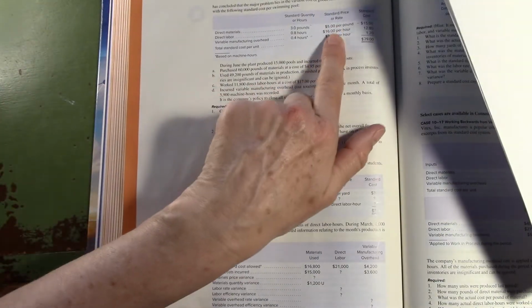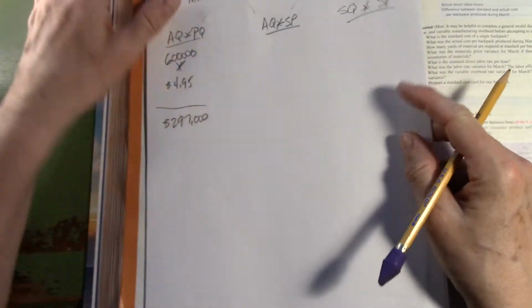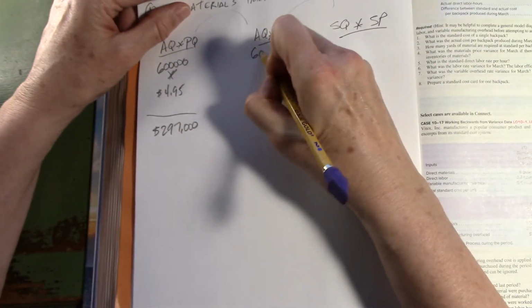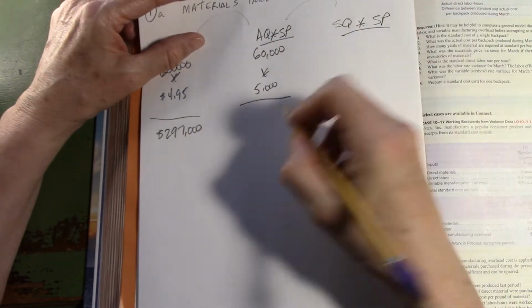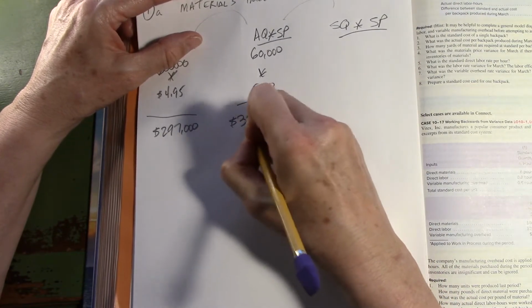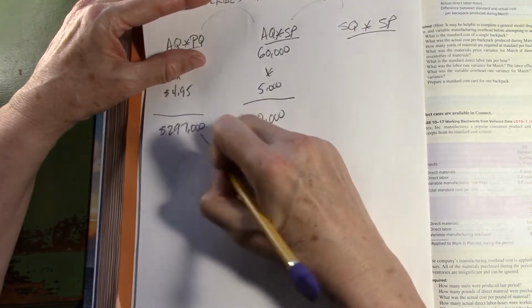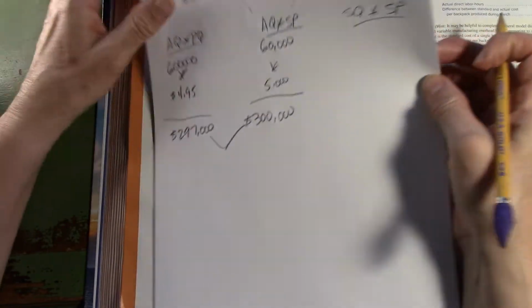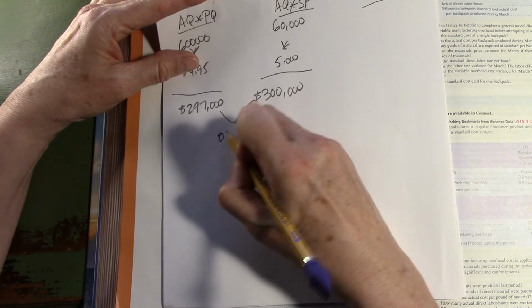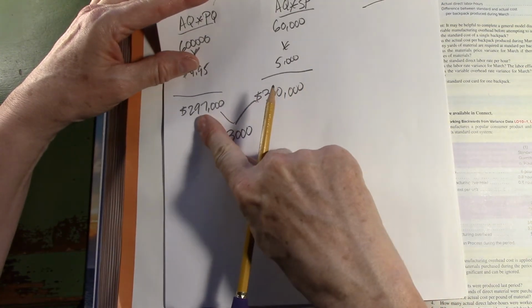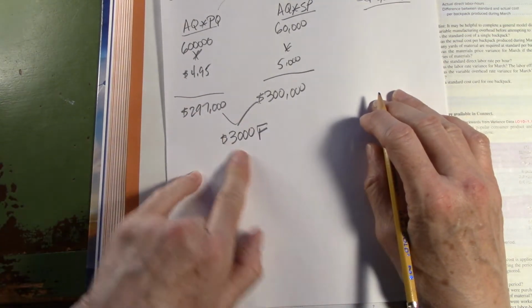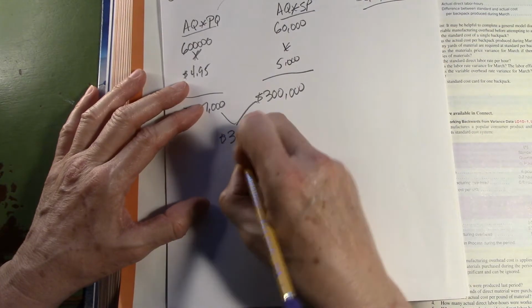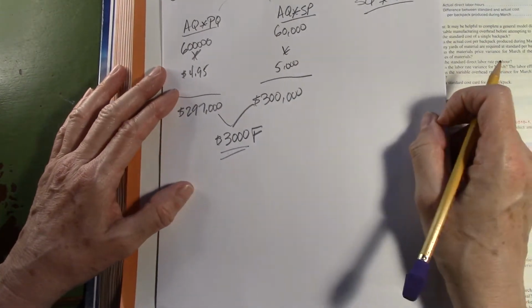The standard is $5 per pound, and we bought 60,000, so 60,000 times 5 is 300,000. That means my price variance is 3,000, and it's favorable because I spent less than I thought I would. So this is my materials price variance right here. That's what I'm looking for.